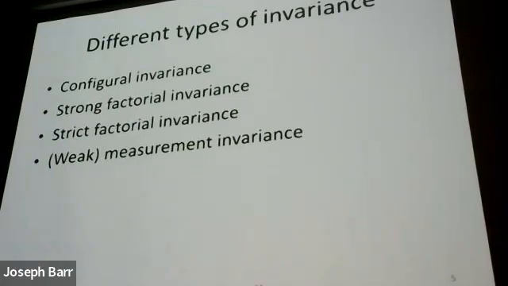Then we have strong factorial invariance, strict factorial invariance, and weak measurement invariance. Finally we have measurement invariance, which is very, very strict. So we can have some previous steps before this test.